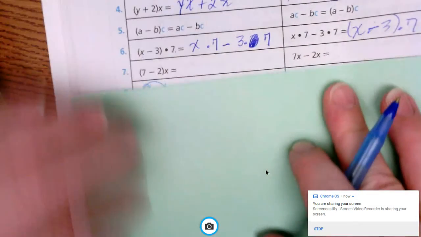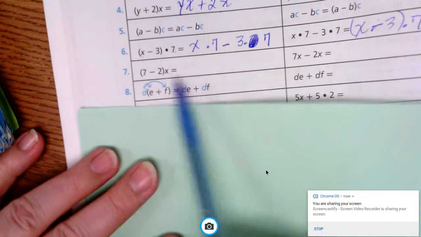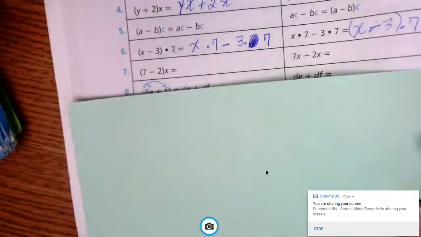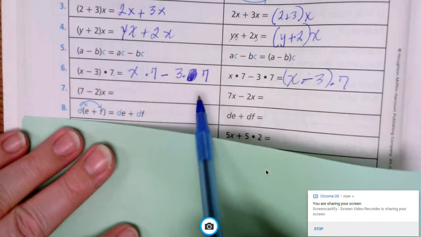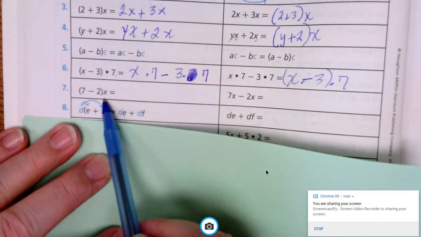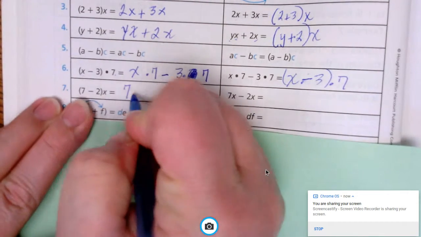Number 7. Try not to just copy them down, because obviously you can do that, but you're not going to get the idea if you do that. You won't understand why you're doing what you're doing. All right, number 7. We have 7 minus 2 times x, so that can become 7x minus 2x.